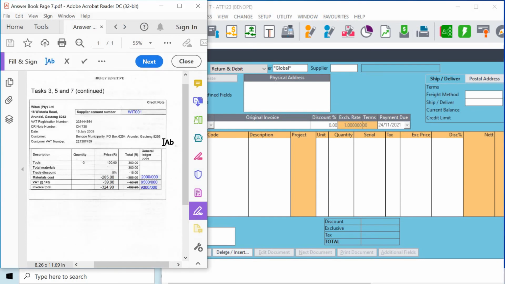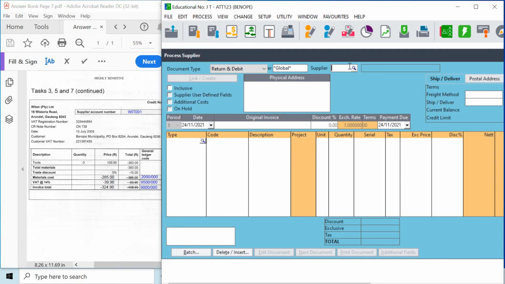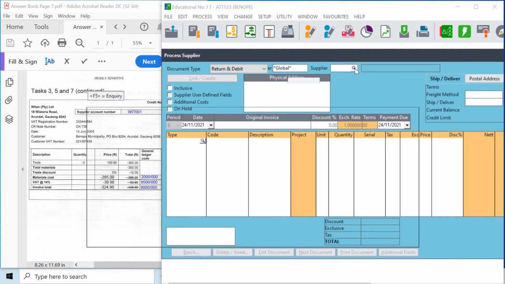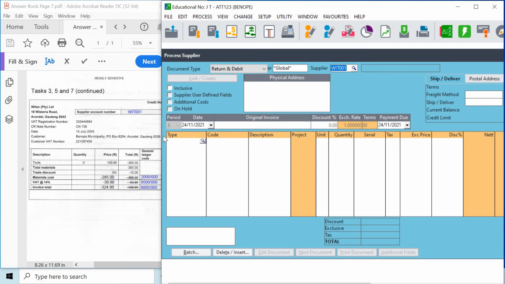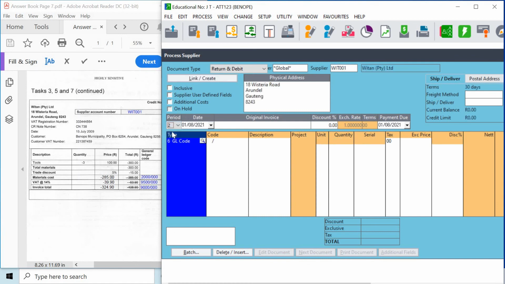Go to your supplier credit note on page 7 of your answer book, and our supplier is WIT 001. Don't forget to change your period to period 1, and your date is the 15th of July still.